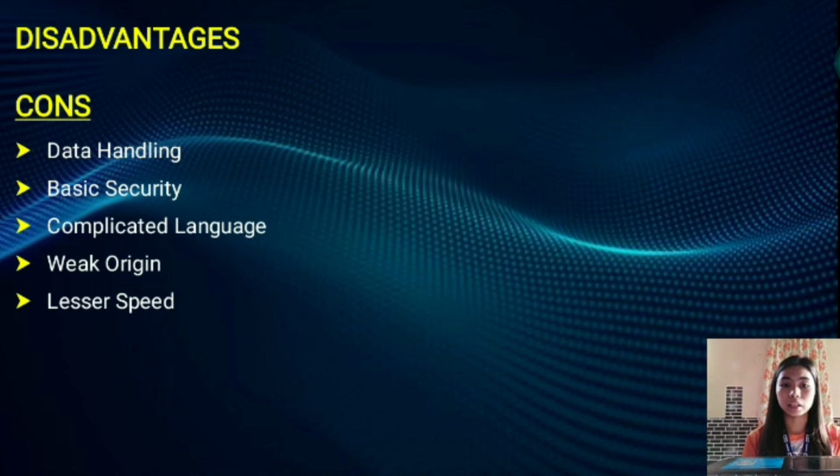Number 1 disadvantage is data handling. In the R programming language, the physical memory stores the objects. This is in contrast to other languages like Python. Furthermore, R utilizes more memory as compared with Python.